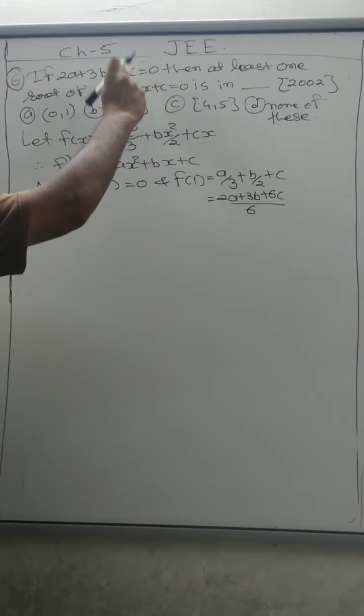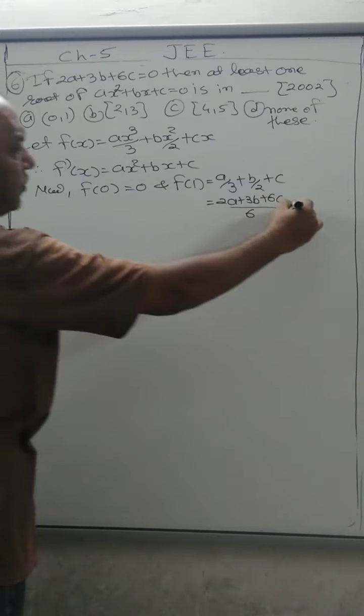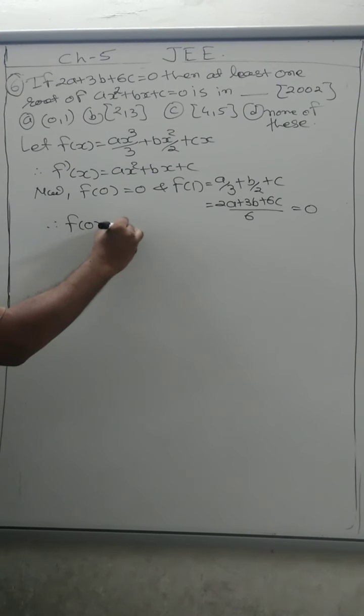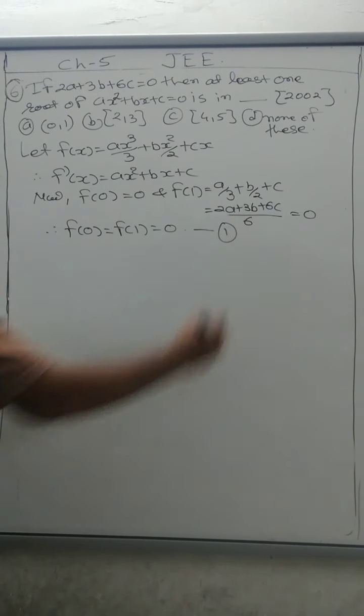Now 2a plus 3b plus 6c is equal to 0. Therefore we can say that it is 0. So f of 0 is equal to f of 1 is equal to 0. This is our first result.